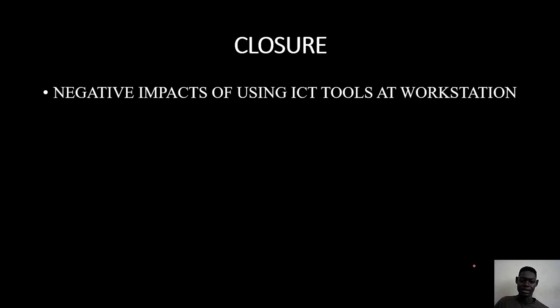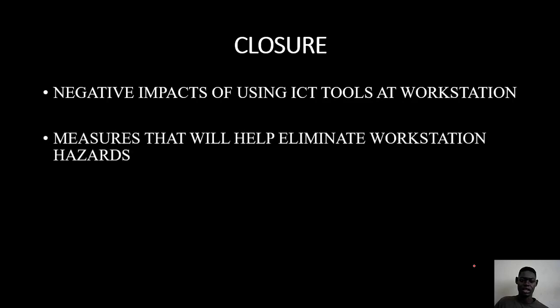We first looked at the negative impact of using ICT tools at the workstation, where we talked about fire outbreaks, electrical shocks, headaches, stress disorders, and some other points. After that, we looked at the measures that will help eliminate workstation hazards, where we said that the workstation should be clean at all costs and ICT tools should be at their proper positions.